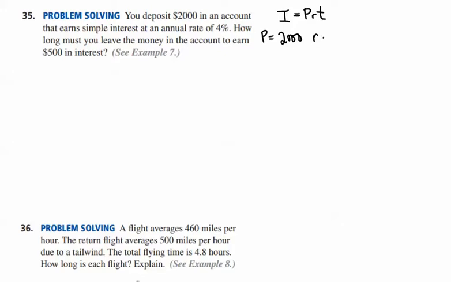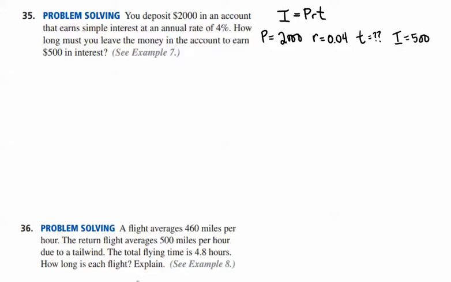So our rate is 0.04. We want to write that as a decimal so we can use it in calculations, not as a percent. How long must you leave the money in the account? So T, we don't know. And in order to earn $500 in interest, so assuming that I is 500.